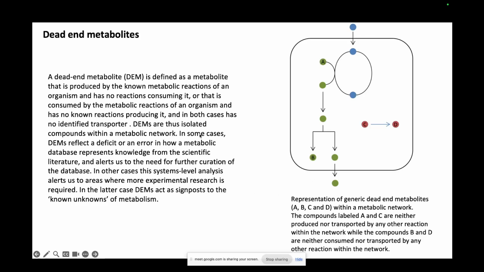In some cases, these dead-end metabolites reflect a deficit or an error in how a metabolic database represents knowledge from scientific literature, and it requires further curation of the database. In other cases, this systems-level analysis alerts us to areas where more experimental research is required, because we do not know the known unknowns of metabolism.